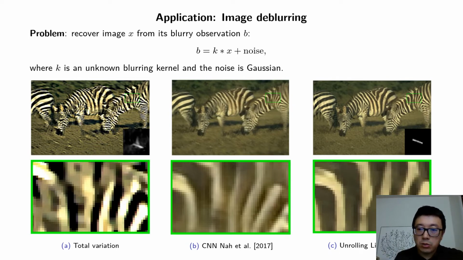Total variation is a traditional technique, a classic model and algorithm, for this problem. In this example, it did not correctly recover the blurring kernel and also caused the image to distort. This is the result of CNN, and this is the result of unrolling, which not only recovers a highly correct blurring kernel, but also gives you a much sharper, less distorted image.